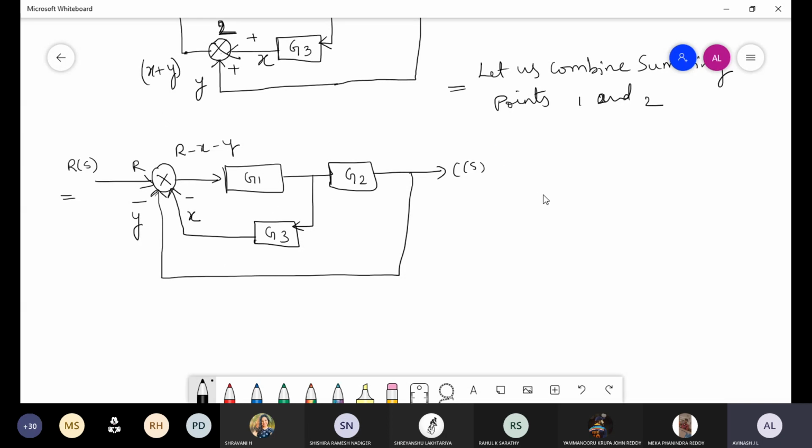Anything there? No, sir. No. You may think that here, sir, some feedback path is there. So one feedback loop is there? No. Why? Because it is the same summing point, and another signal is also coming to the same summing point.